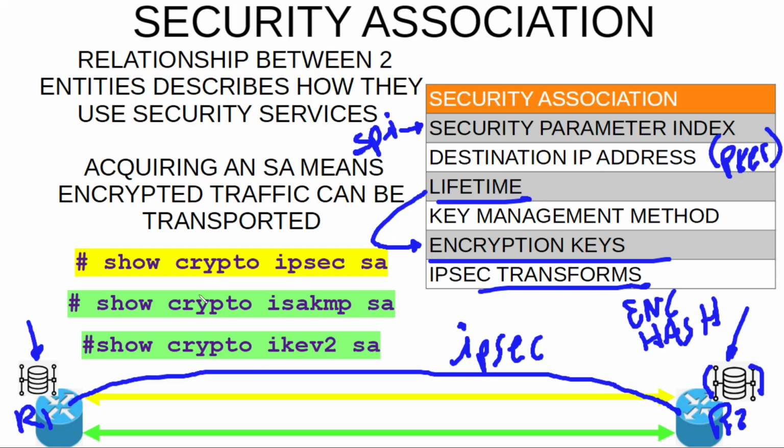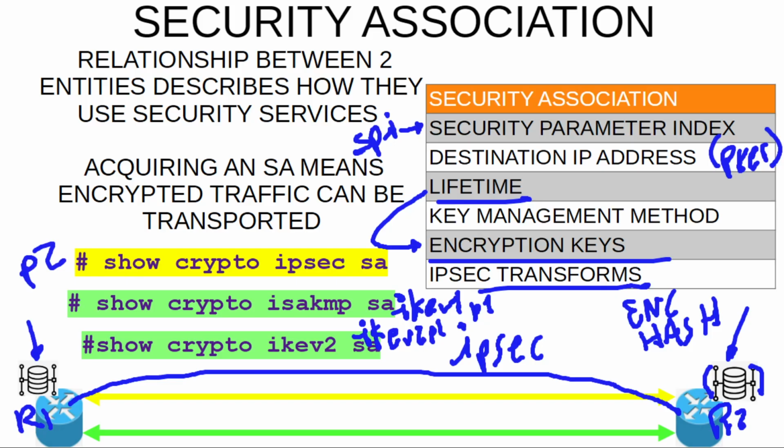We can see this information using these commands: show crypto ISAKMP SA for IKE version 1 phase 1, and show crypto IKEv2 SA for IKE version 2 phase 1. And in order to see this information for phase 2, we can use this command, show crypto IPSEC SA.